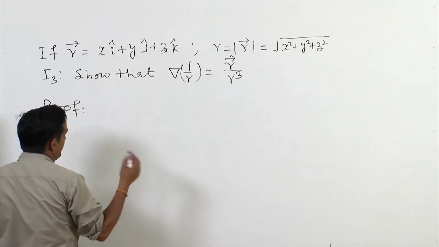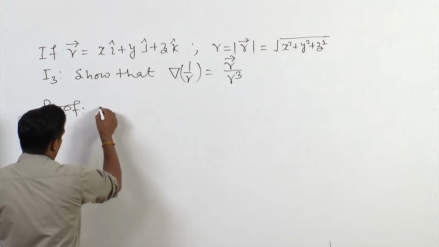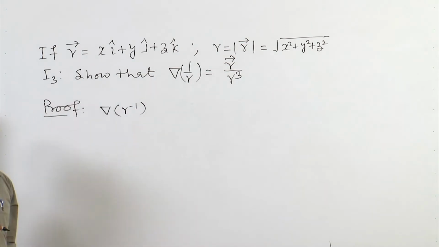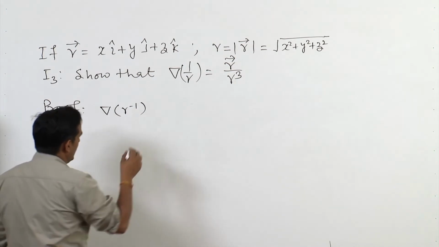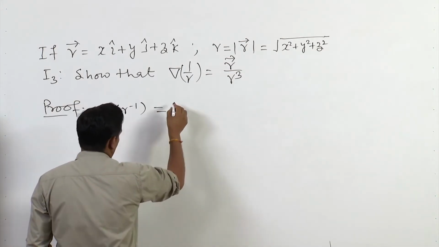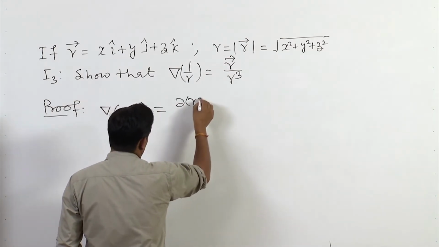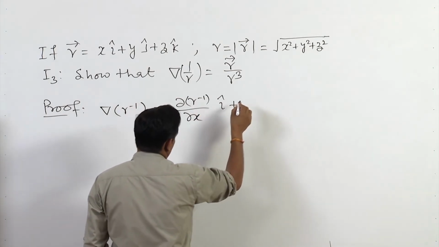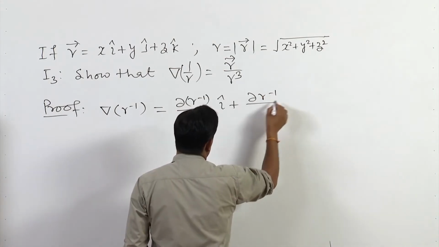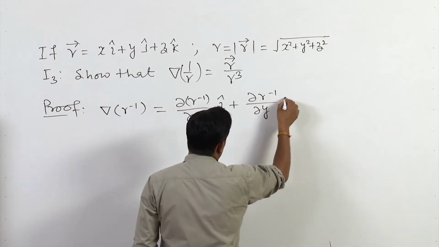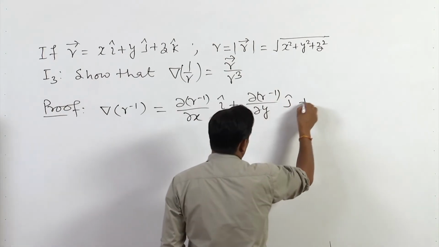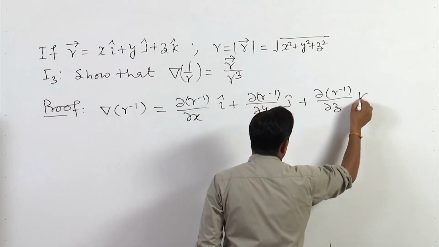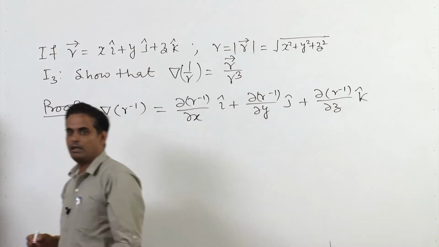So let us try to obtain the proof of this identity. Here del of 1 upon r, so basically del of r inverse, I can write in this way.